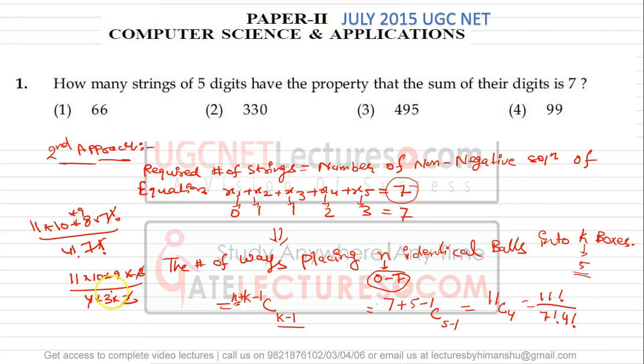So this will be 11 into 30, that is 330. Okay, so in these ways we have 330. We can place n identical balls into k boxes in 330 ways, or we can say the number of non-negative solutions of this equation will be 330, or we can say the required number of strings is 330. Okay, so the second will be the answer.